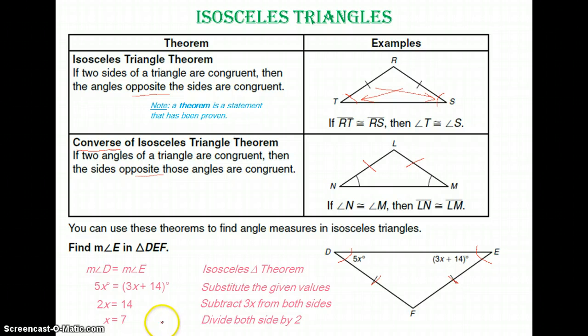So I can even test this information, and I can check 5 times 7 here would be 35 degrees, as well as 3 times 7, which will be 21 plus 14, I also have 35 degrees. So in answering the question, what's the measure of angle E, then that measure would be 35 degrees.